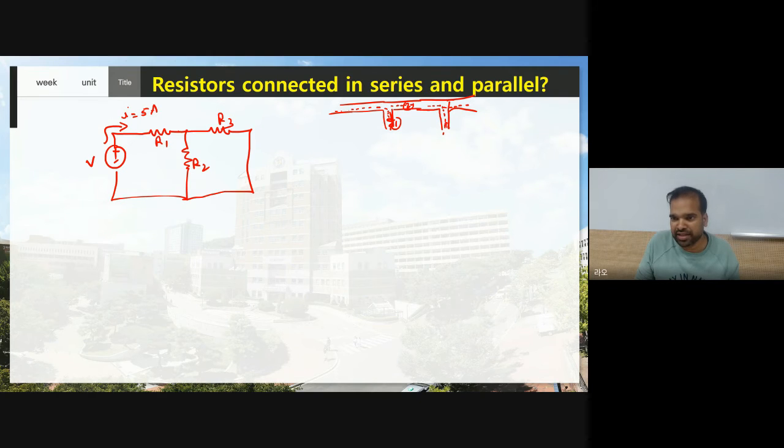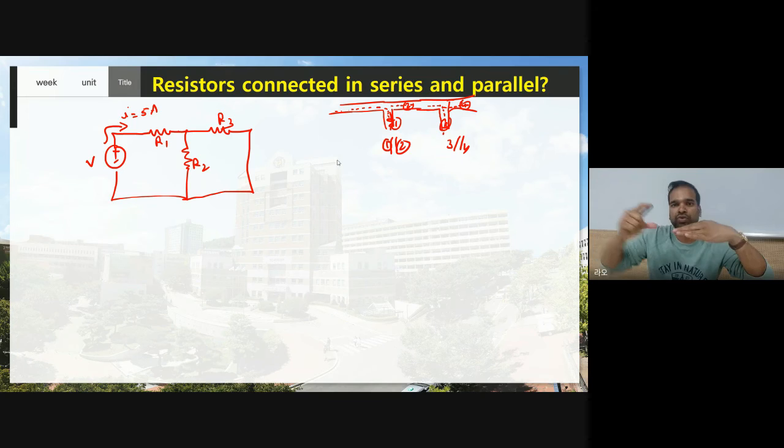Suppose this is 3 and this is 4. Now you can say 3, 4 are connected in parallel and 1, 2 are connected in parallel. So how are you classifying this? Whenever the total water is going to get divided into 2 or many parts, those parts are connected in parallel.